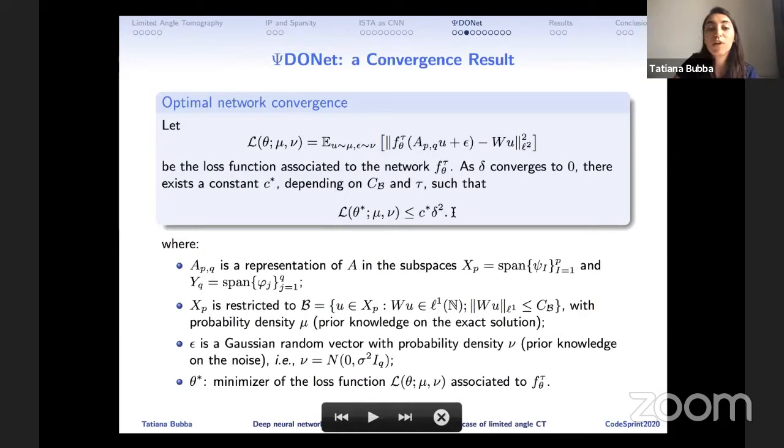So we can prove that the loss function is basically bounded by a constant C star that depends on the bound on the wavelet coefficient and the upper parameter tau, which gives the thresholding for the box inside the filters and the amount of noise that we let go to 0.